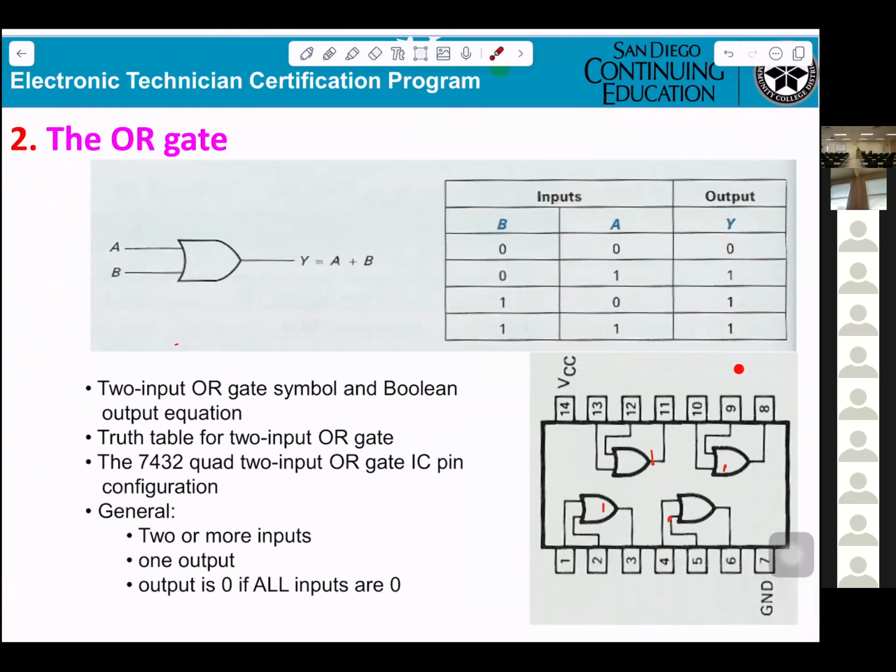Okay? However, this is a key point for you to memorize.